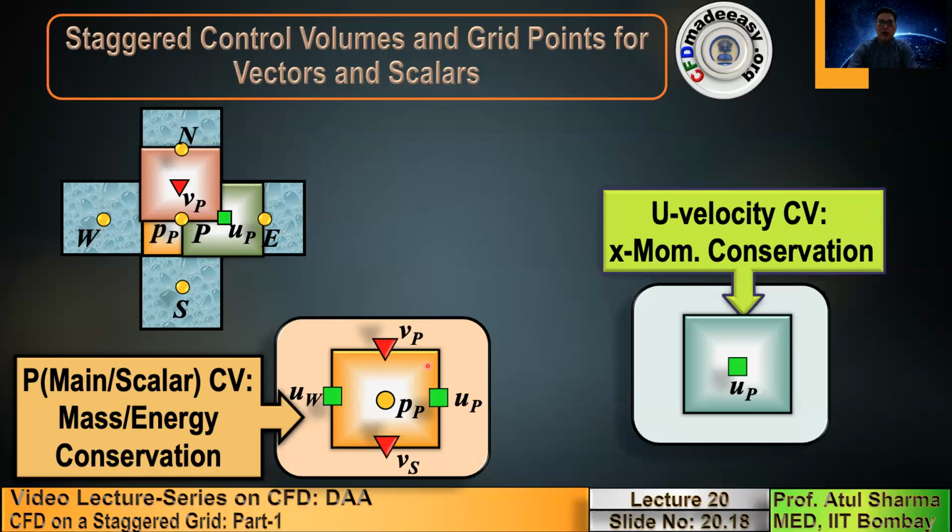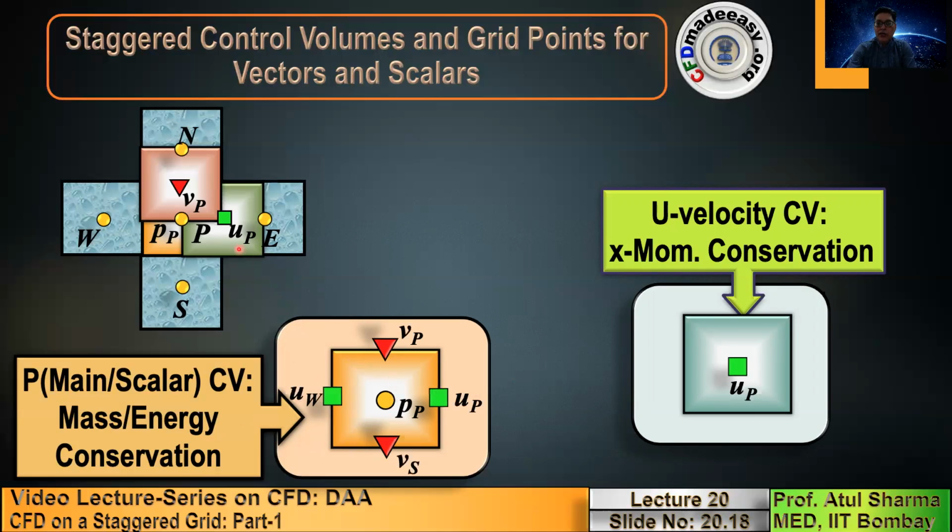So this is the control volume where you will apply the mass conservation, but this is also called a scalar control volume. Along with the mass conservation, you apply this control volume for energy conservation also. Later on, I will show you that we do the algebraic formulation for mass conservation and energy conservation using this control volume.